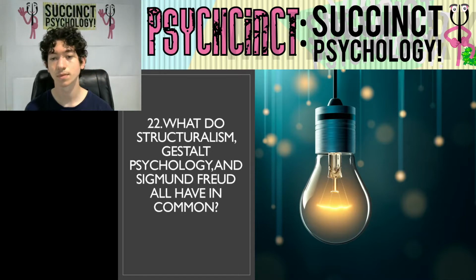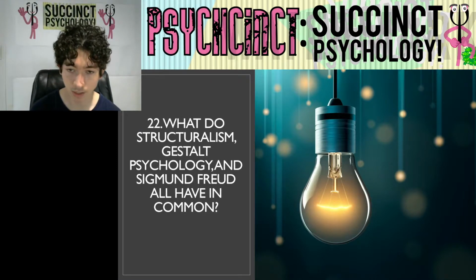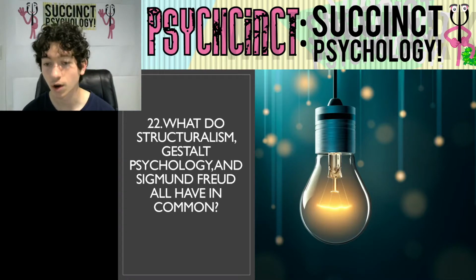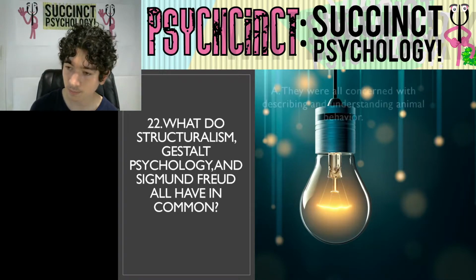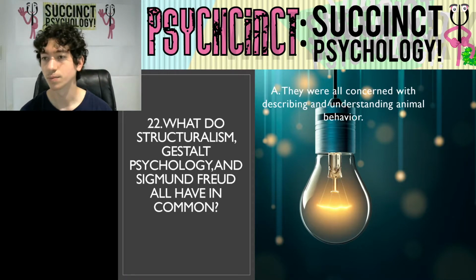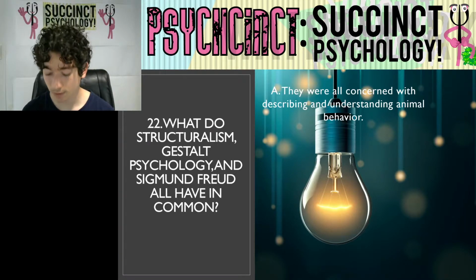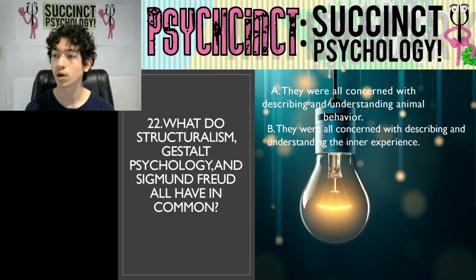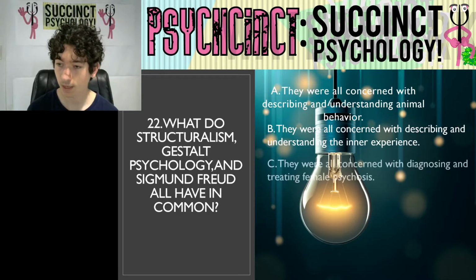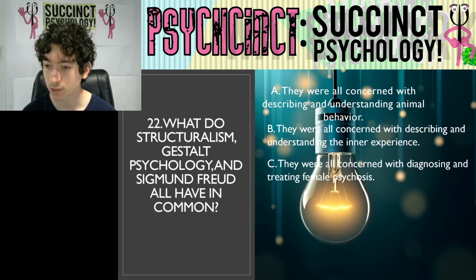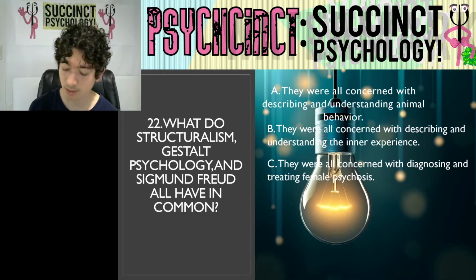22. What do structuralism, Gestalt psychology, and Sigmund Freud all have in common? So, was it that they were all concerned with describing and understanding animal behavior? Was it that they were all concerned with describing and understanding the inner experience? Were they all concerned with diagnosing and treating female psychosis?